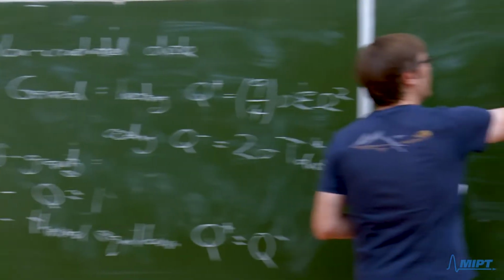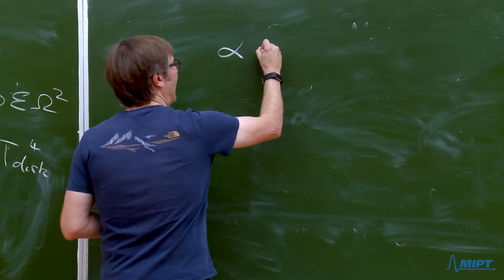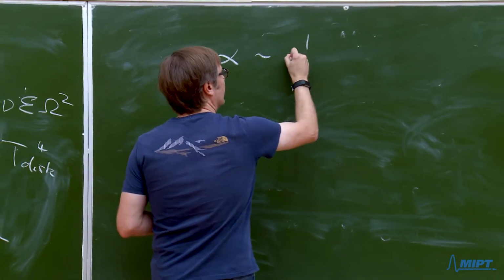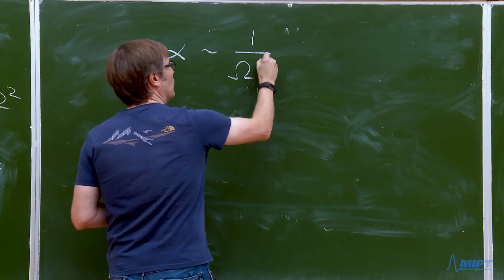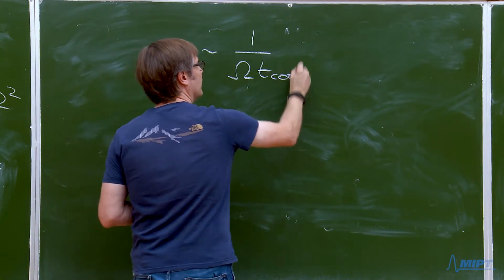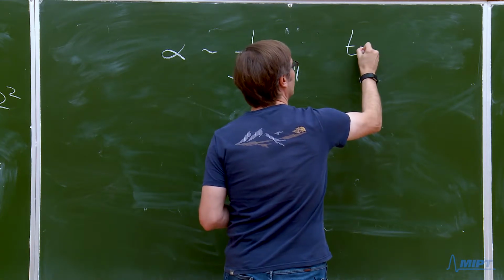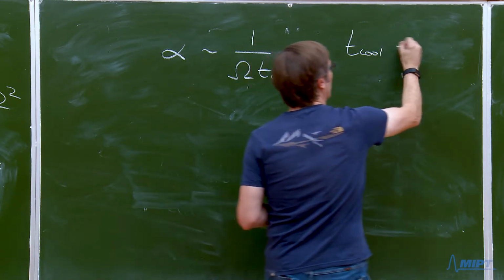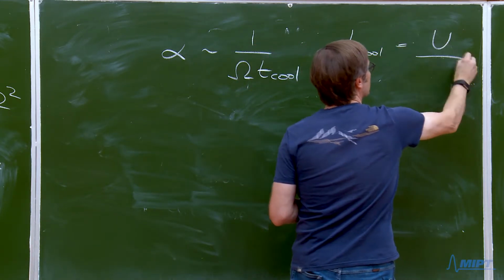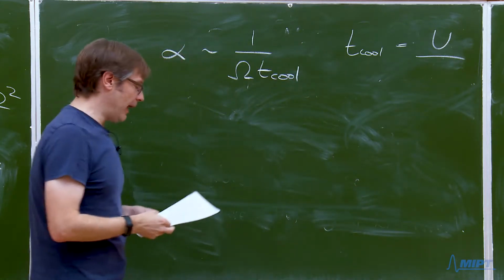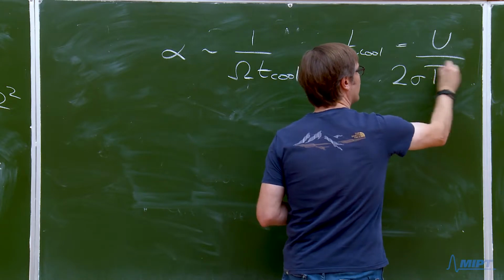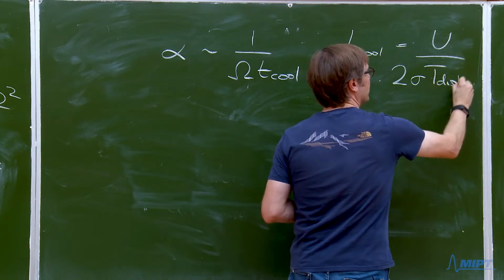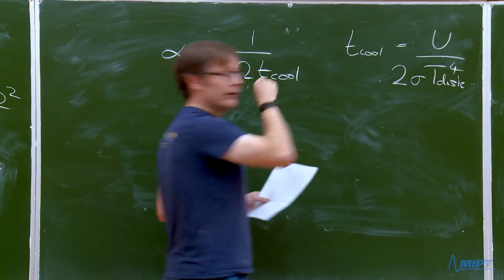And then when you do that, what you find is that alpha is something like 1 over omega T cool, where T cool is just defined as U, the total thermal energy content of the disk, divided by the rate at which the disk is radiatively cooling.